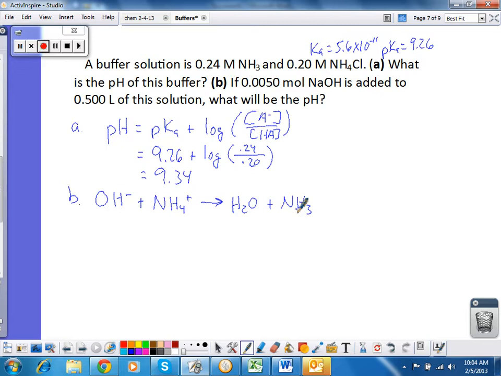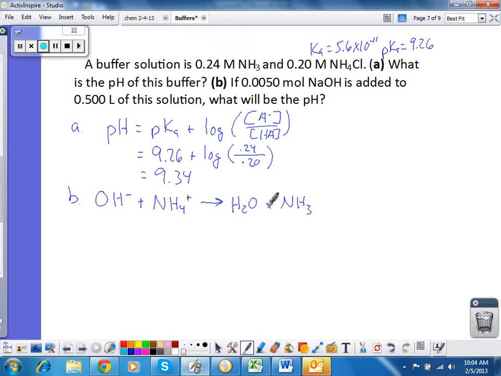So in this case, you'll notice I'm adding a number of moles. So one of the things I need to do is to figure out the number of moles of ammonia and ammonium I have, and then I need to see how they change, because right now I have a left to right reaction, and that's a stoichiometry reaction.